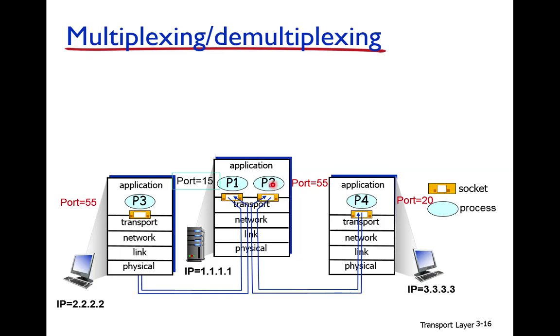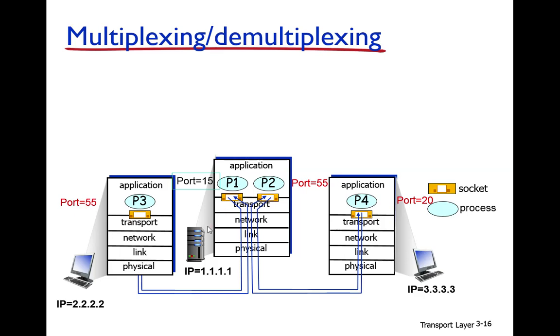Similarly, this port number is used only on this system, so it is unique only on this system. It doesn't have a conflict, because its scope is only on this system, and this port number's scope is not on this other system.